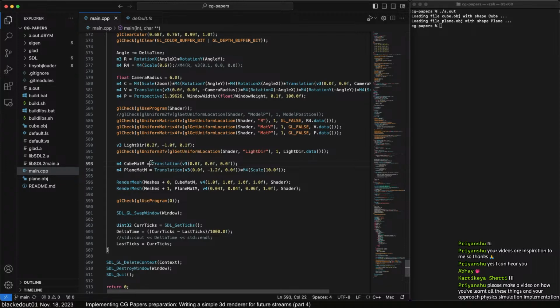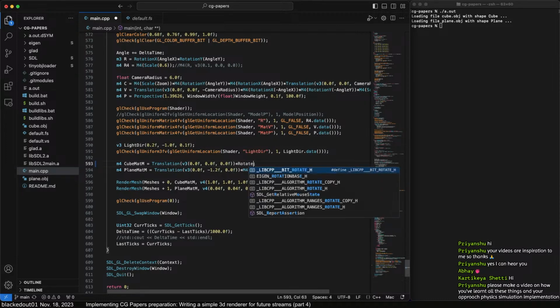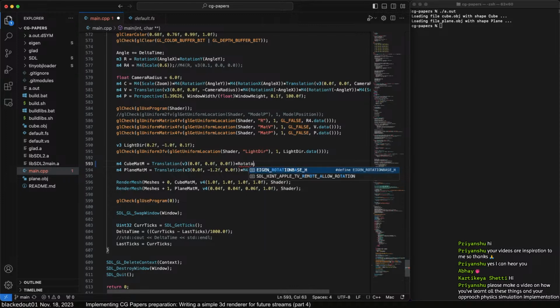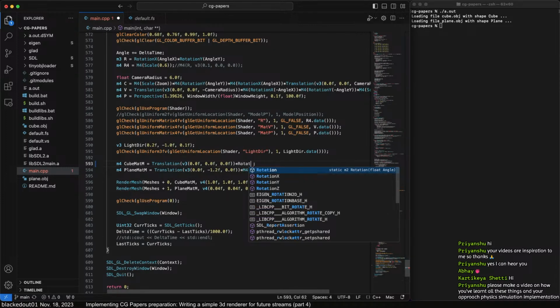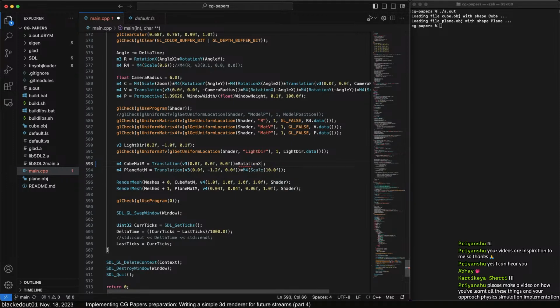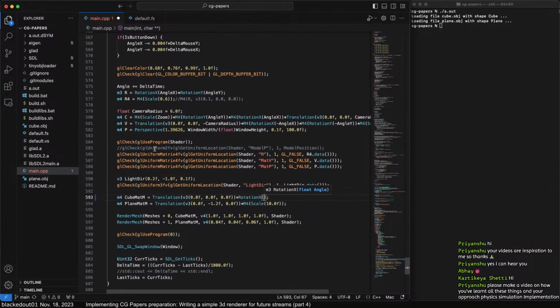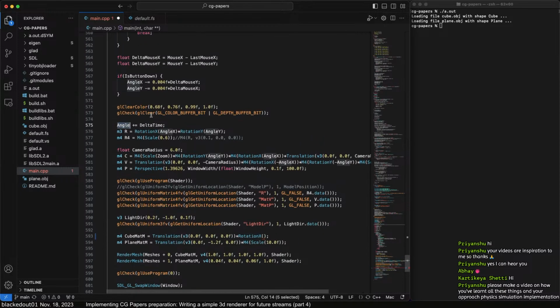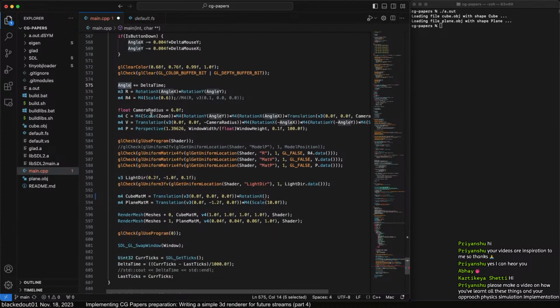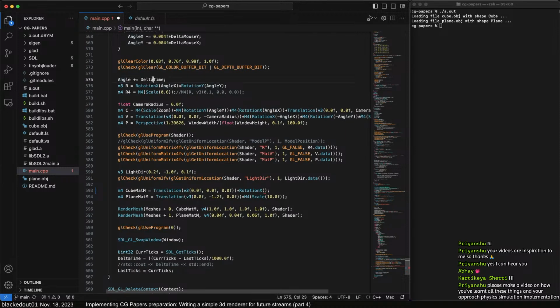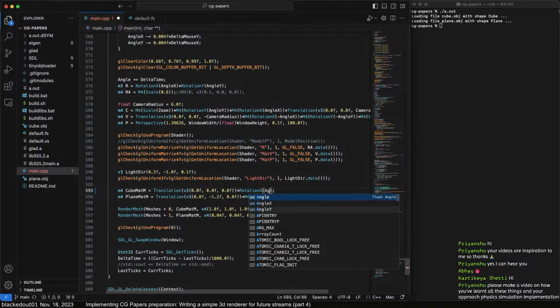But for example, if we rotate the cube around any axis really, maybe the x-axis for example, we use this angle variable because it gets updated each frame.